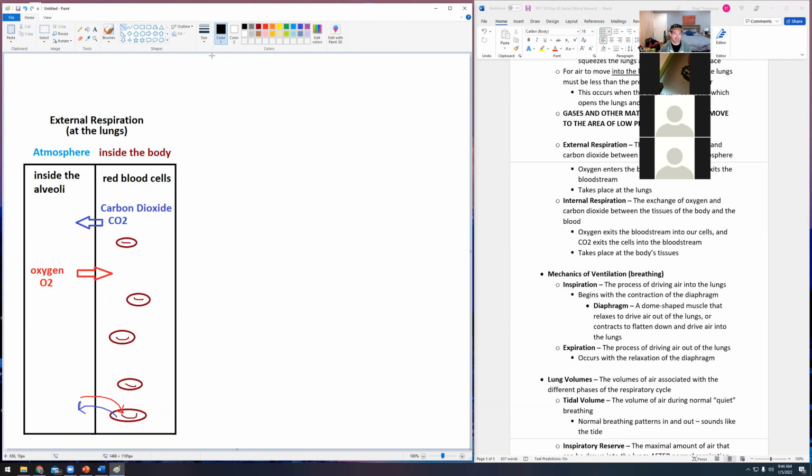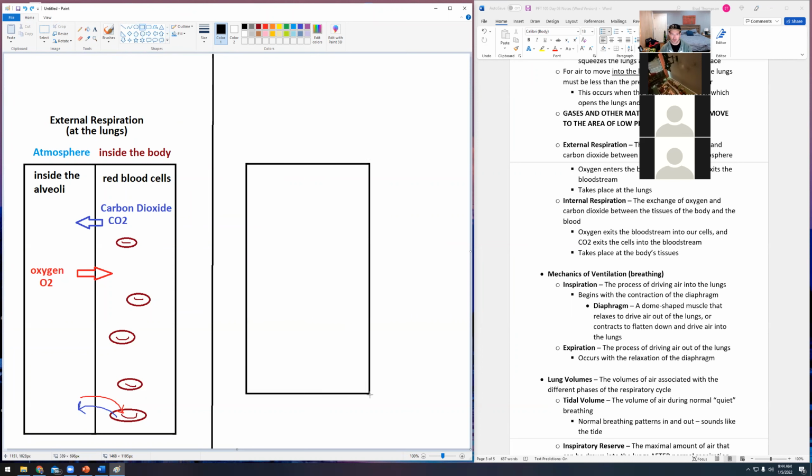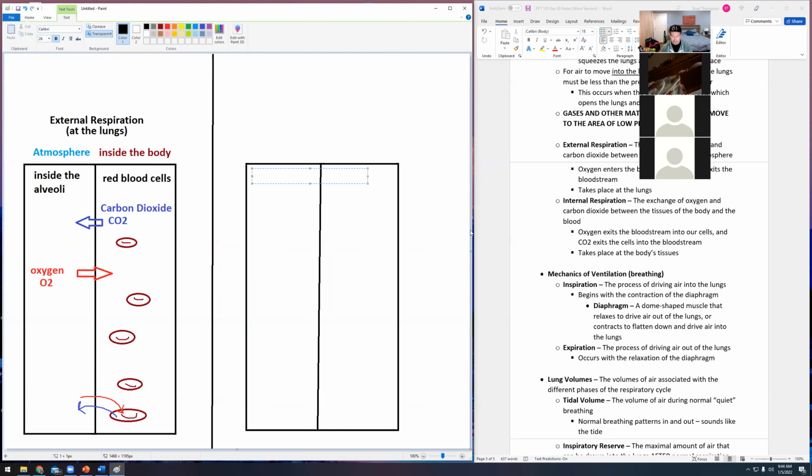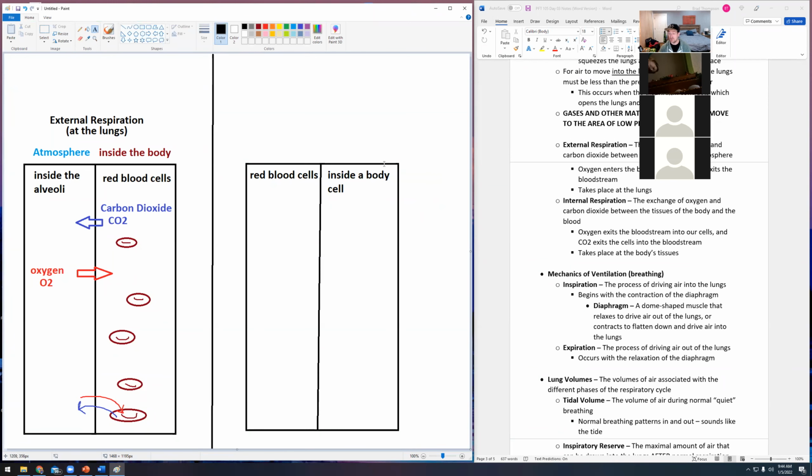Now, let's totally divide this down, you know, my little chart here. And let's take a look at what internal respiration is. So we're going to draw kind of the same thing here. And now we're going to see that these are our red blood cells on this side. And then over here, we'll say this is inside a body cell. Okay, so this is just the inside of some cell in your body, right?